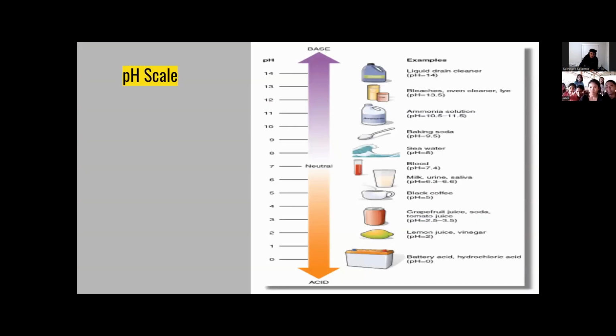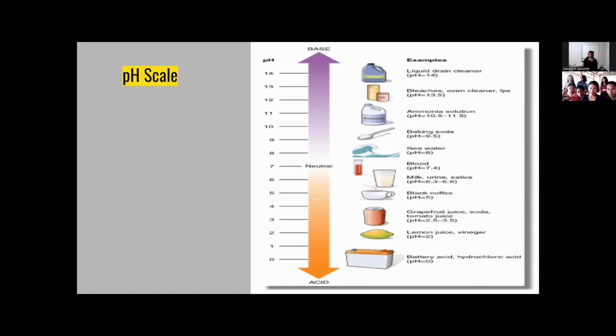Before we get to talking about how these acid and base reactions happen and what gets produced, we have to talk about the pH scale. The pH scale is from 0 to 14.